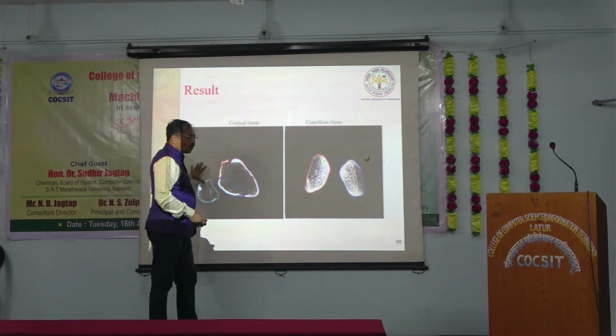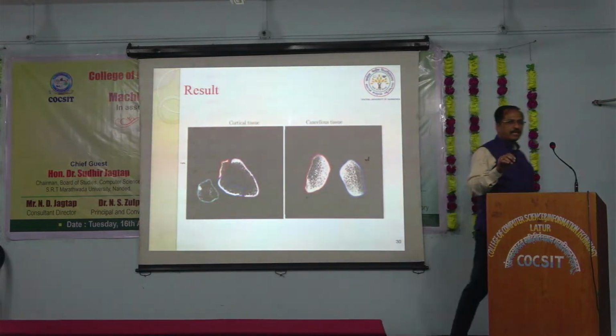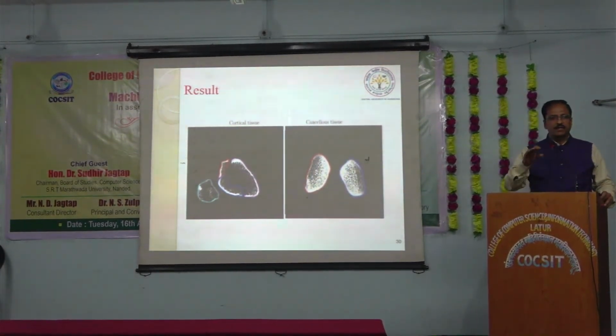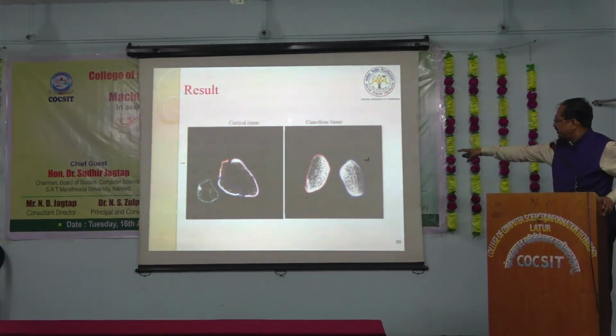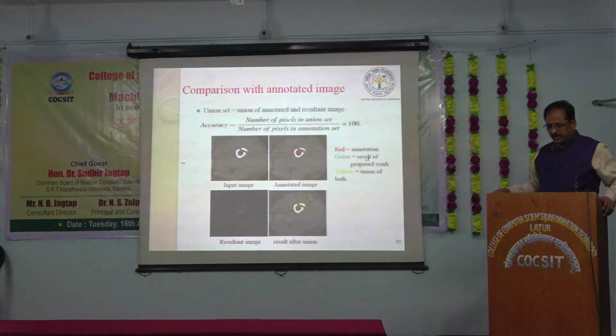We wrote our algorithm so that each part is colorized in a different color, so that we can easily understand how many pieces are available in the image. Here you can see only two parts, so two colors.